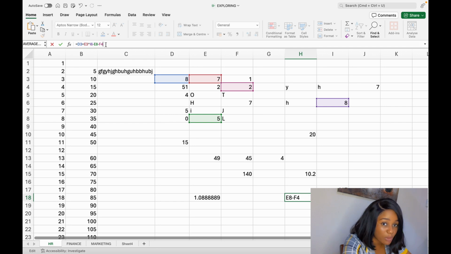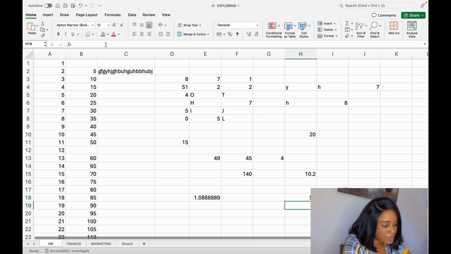The question is how? Like I told you, multiplication and division takes precedence over addition and subtraction. So what it tried to do was multiply E3 by I6 first. E3 happens to be 7, I6 happens to be 8. So 7 times 8 gives us 56. Now let's try doing that again in a new cell. So it gives us 56.